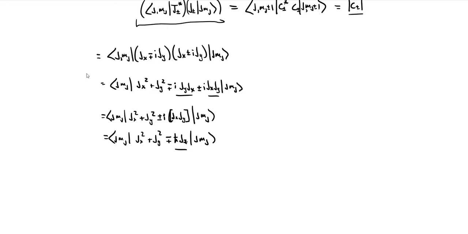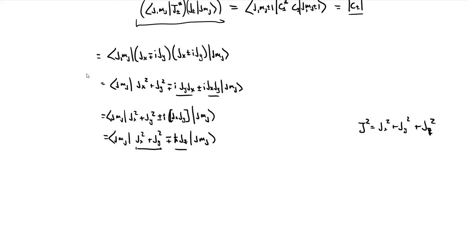Now, we know how JZ acts on these eigenstates. We can rewrite JX, JY. We know that J squared is just JX squared plus JY squared plus JZ squared.